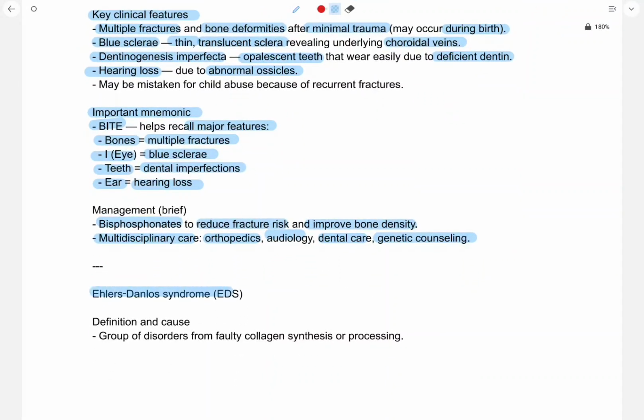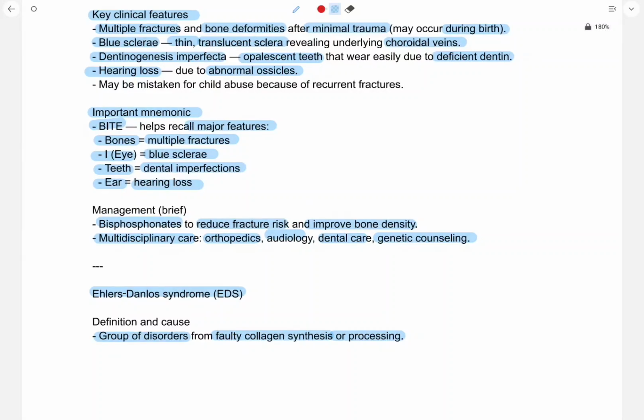Ehlers-Danlos syndrome, EDS. Definition and cause. Ehlers-Danlos syndrome is a group of disorders resulting from faulty collagen synthesis or processing. There are defects in collagen synthesis.